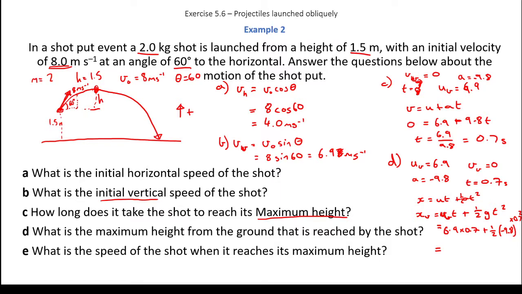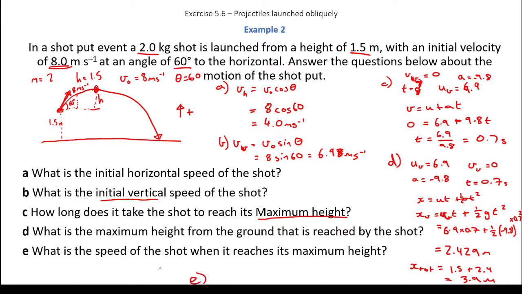That is 2.429, so 2.4 meters. So x total is equal to 1.5 plus 2.4, which is 3.9 meters. So at its highest point, it is 3.9 meters above the ground.